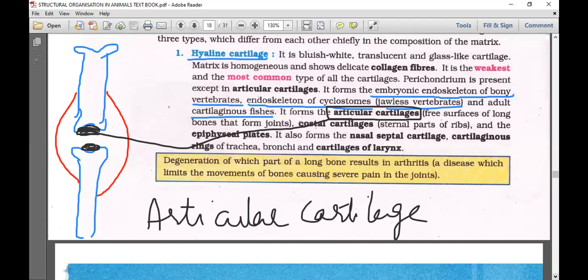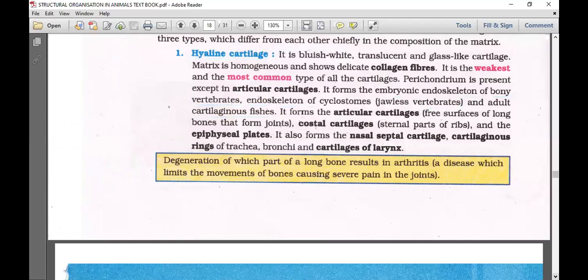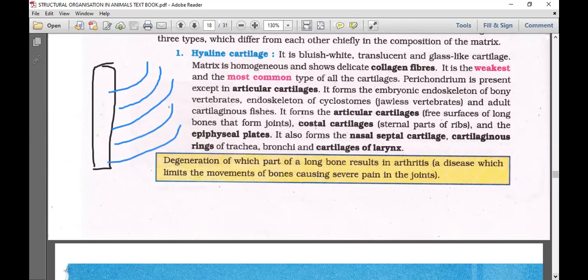Next, costal cartilage. So what do we call costal cartilage? On the ventral surface, in the middle of the thoracic region, we have a rod-like structure called the sternum. Do remember this; in the coming days, it will come to you. You may not know the sternum, but you know the ribs. We have 12 pairs of ribs, isn't it? Everyone can feel their own ribs. 12 pairs of thoracic ribs are present here.